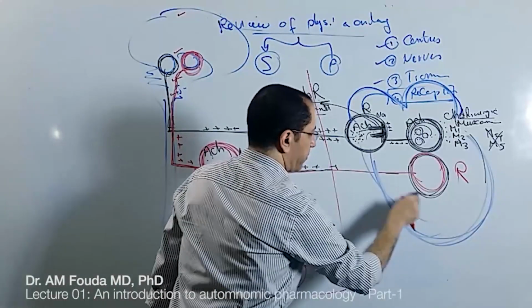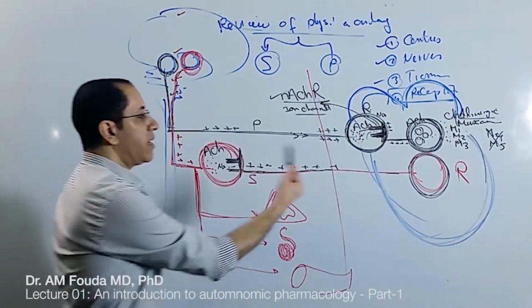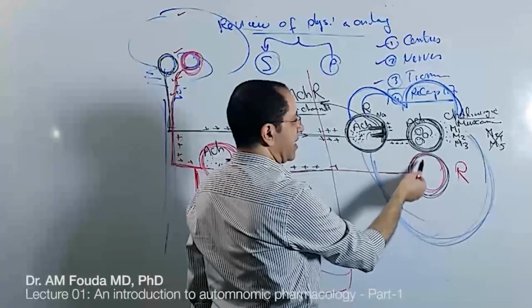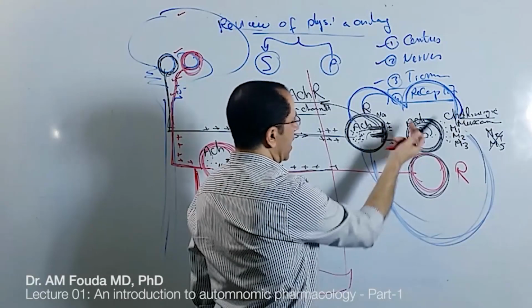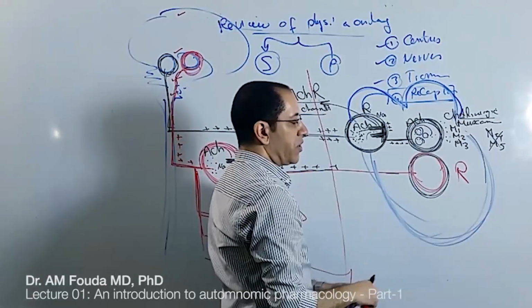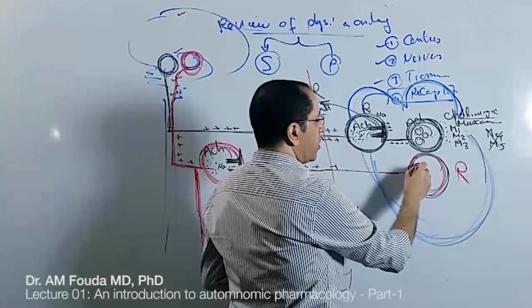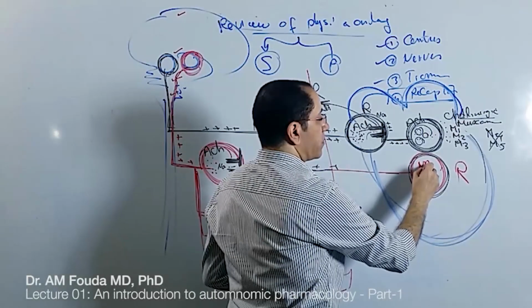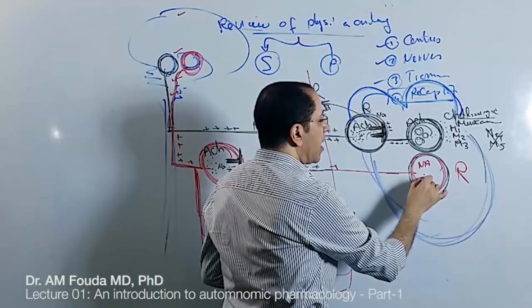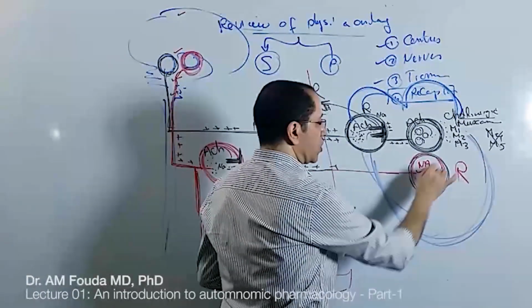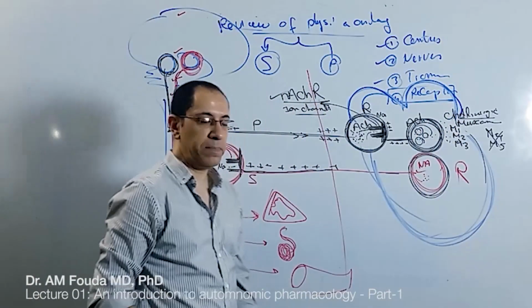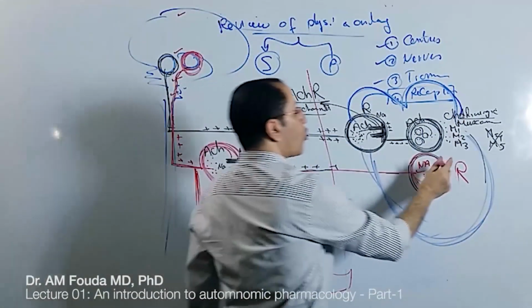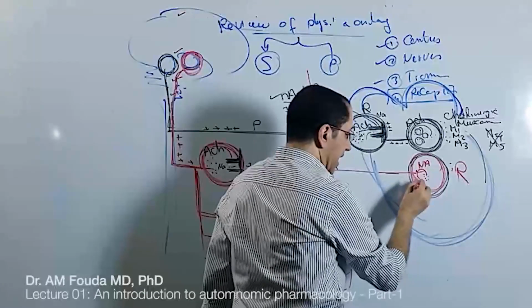So what do we call this receptor? Do we call it muscarinic, cholinergic? No, this time receptors are termed adrenergic receptors. And what adrenergic receptors do we have? We have 5 adrenergic receptors termed alpha 1, alpha 2, beta 1, beta 2, beta 3.